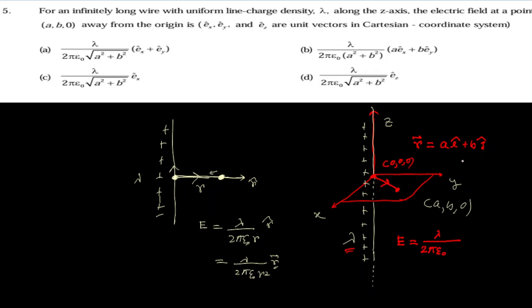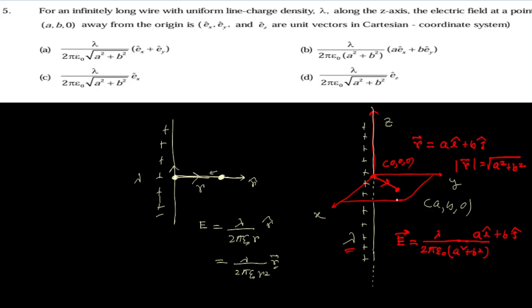The magnitude of r will be the square root of a square plus b square, so the square of this means a square plus b square, and then the r vector, which in this case is along a i cap plus b j cap. So this will be the net electric field at the position (a, b, 0).